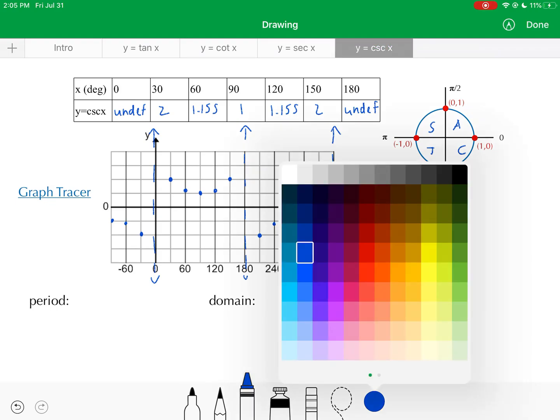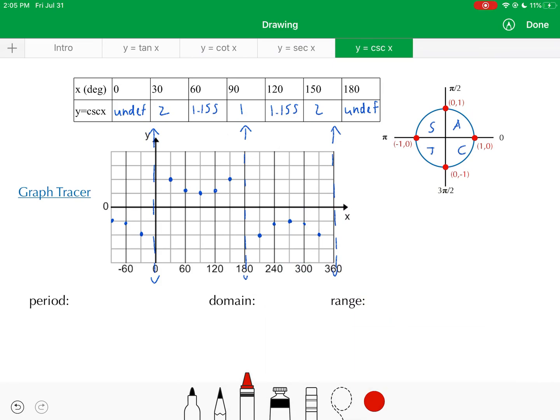Okay, putting that all together, my curves are doing this. Again, looks very similar to the secant function. We just have the asymptotes shifted. Okay. Period, once again, just like the secant function, 360 degrees.